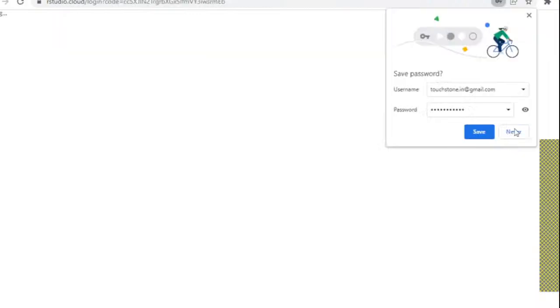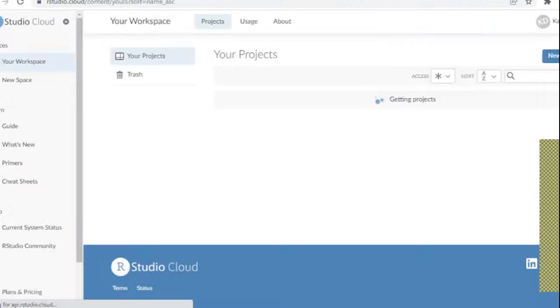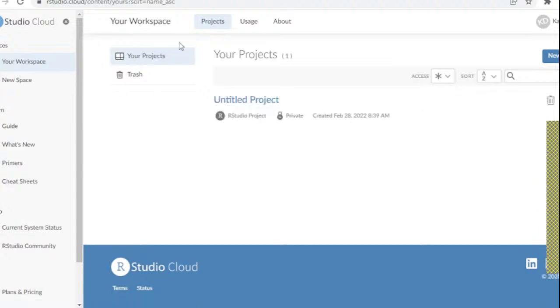See, R has come up with RStudio Cloud also, and the environment you get is exactly like RStudio. Whatever you do, all the projects, will be saved in your cloud.